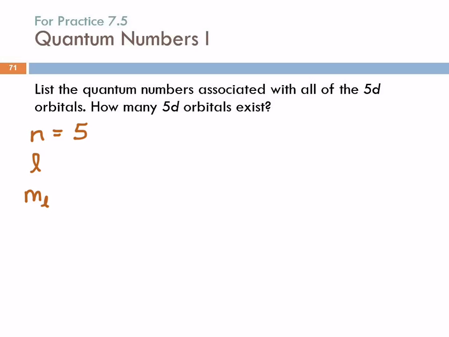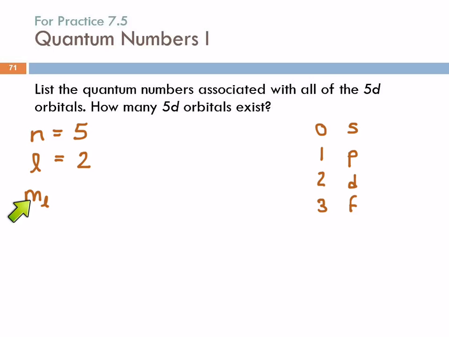D is what value of L? 0, 1, 2, 3: S, P, D, and F. So for the D orbitals, L equals 2. All 5D orbitals have n equals 5 and L equals 2.